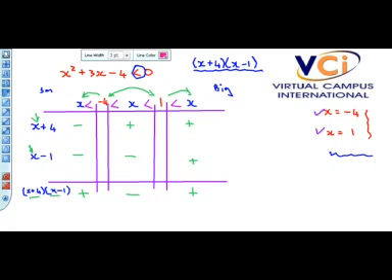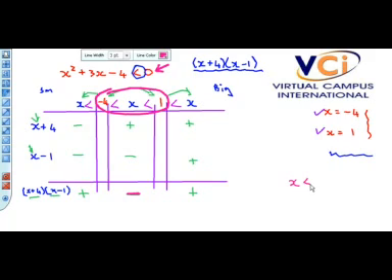Are you seeing the pattern yet? Yeah, I can see the pattern. Okay, because what I need for you to see is, remember originally the question asked for smaller than 0. Which means we're looking for the minuses. Which means that is our answer.